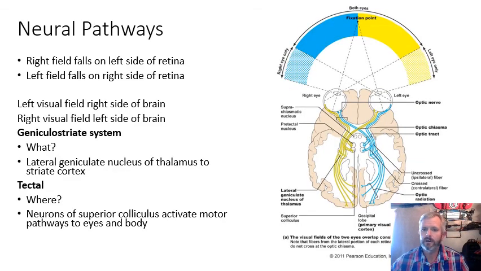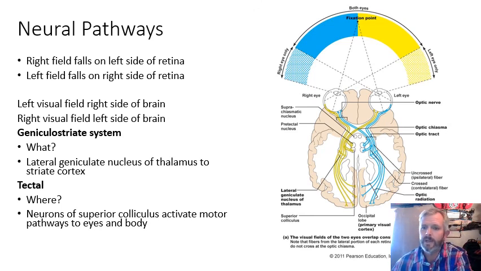So let's get into our neural pathways. And what we saw with our somatosensory reception is the left side of the body went to the right side of the somatosensory cortex. It's almost similar in the eye, but it has to do with the visual fields.